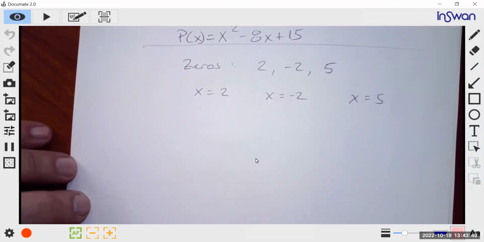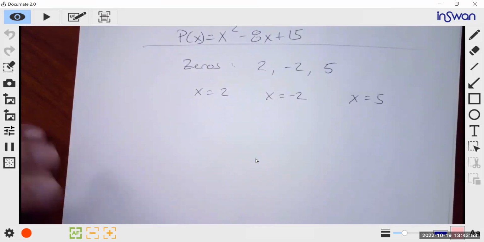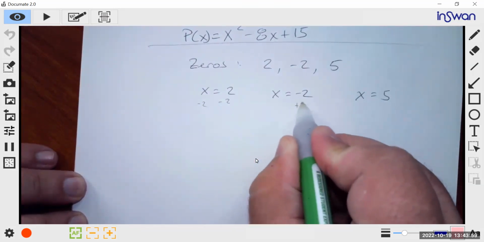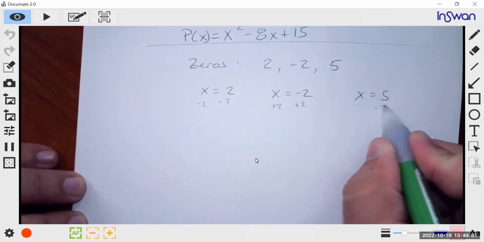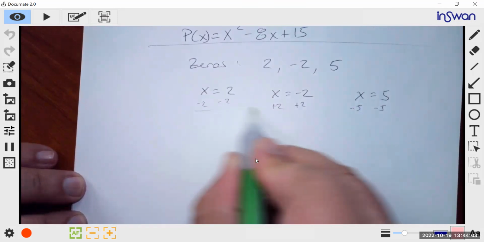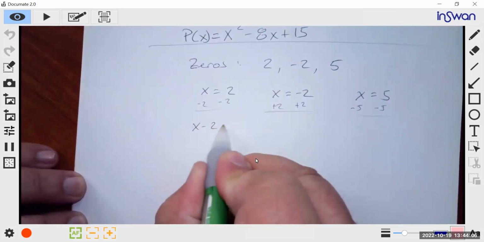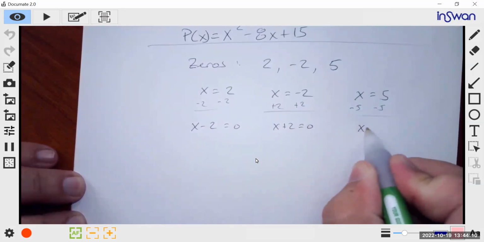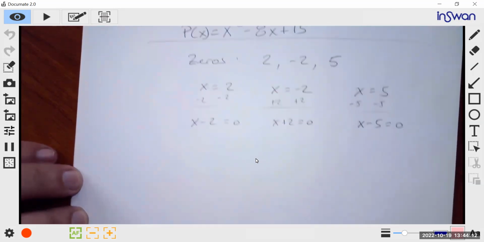Next step is what? Make them all equal 0. So move them over. So x minus 2 equals 0. X plus 2 equals 0. X minus 5 equals 0.